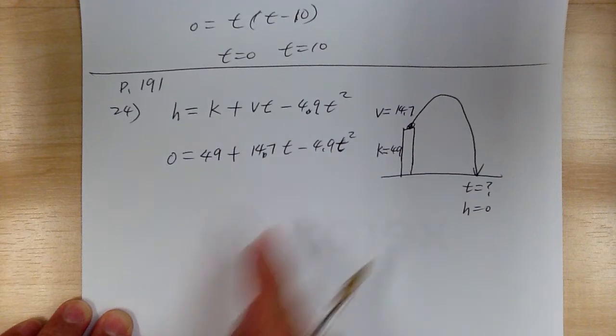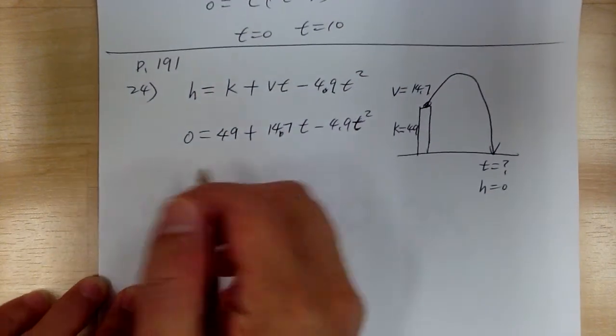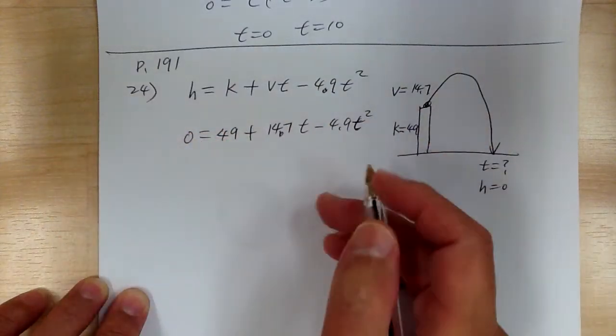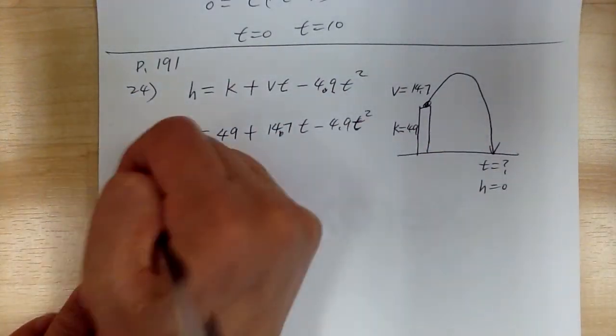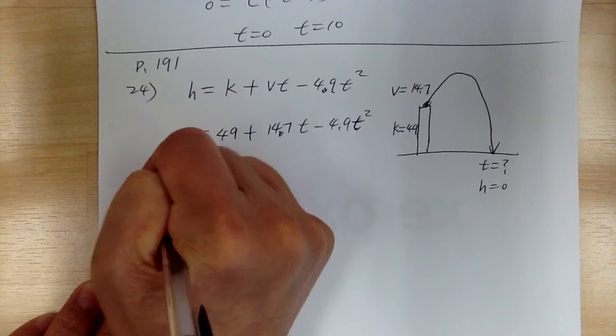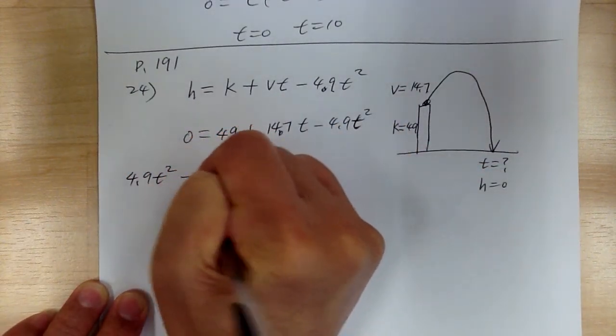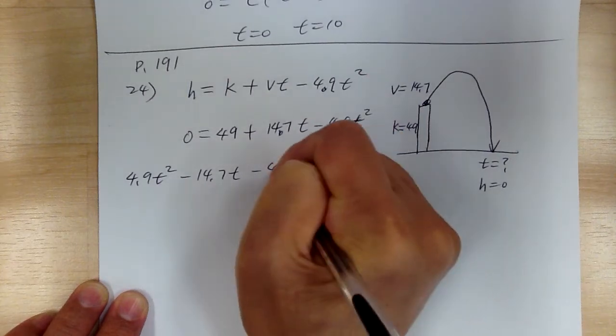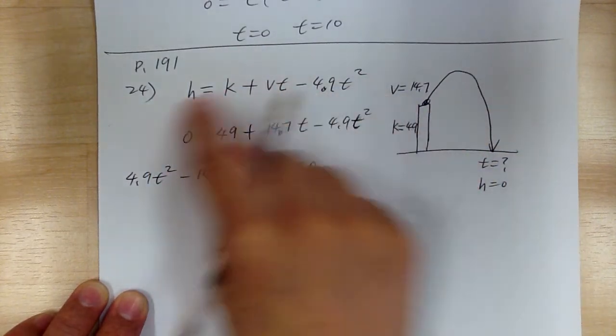Okay, so that's the equation you have. What I'm going to do is move everything to this side, because I don't like the negative in front. So I end up with 4.9 t squared minus 14.7t minus 49 equal to 0. Again, when I move this over, the sign becomes opposite.